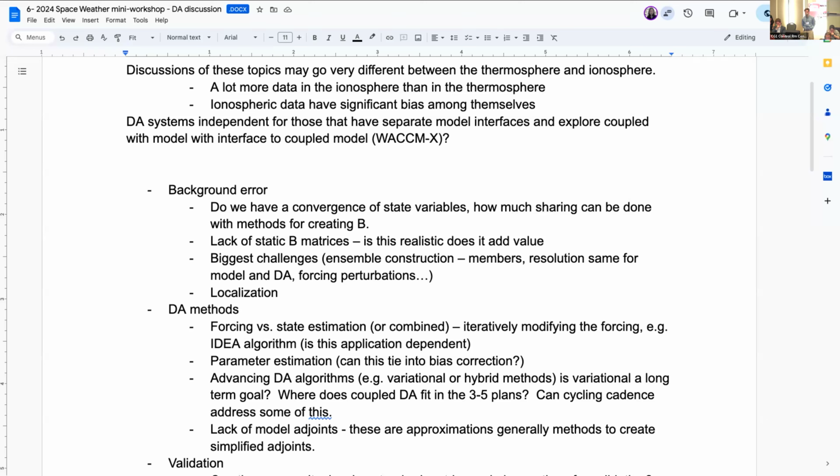Is that an approach that has already been thought of and discarded, or is this something that we could perhaps use to create at least some initial static B matrices for all these different variations on these states? I just want to know if this is something that's already been worked through.